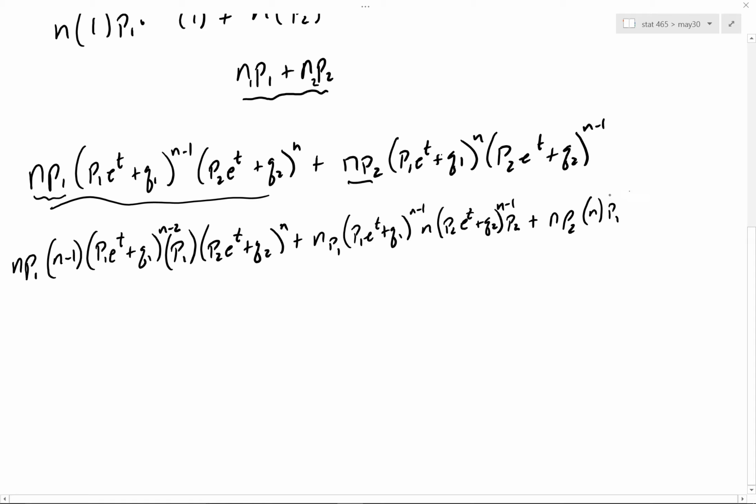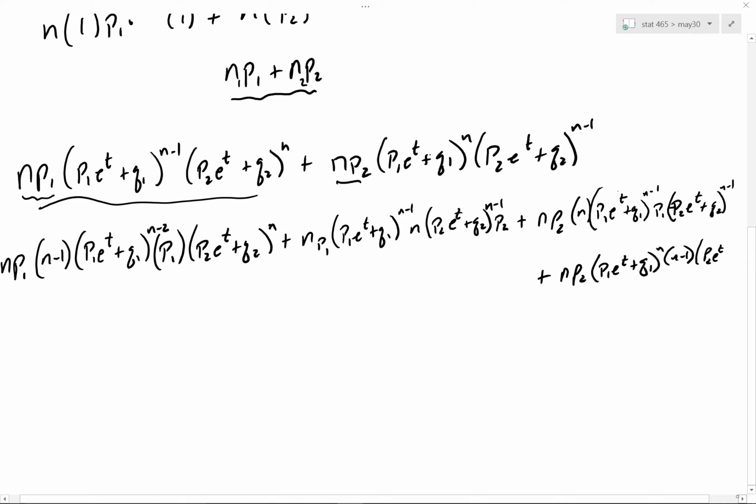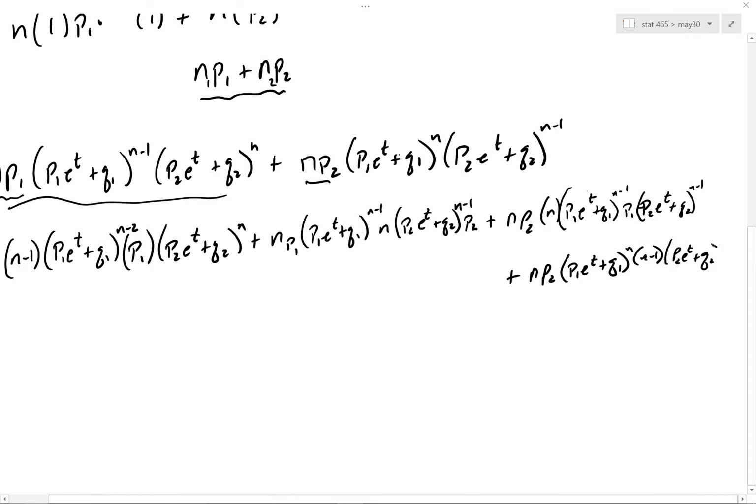P1 e to the t plus q1, the n minus 1 times p1, plus, times p2 e to the t plus q2, n minus 1, plus np2, the first one, times n minus 1 p2 e to the t plus q2, n minus 2 p2.